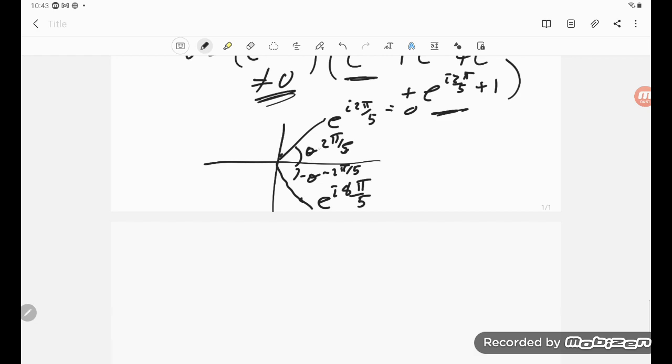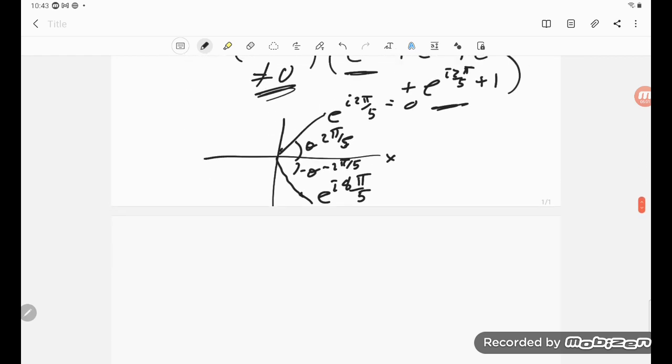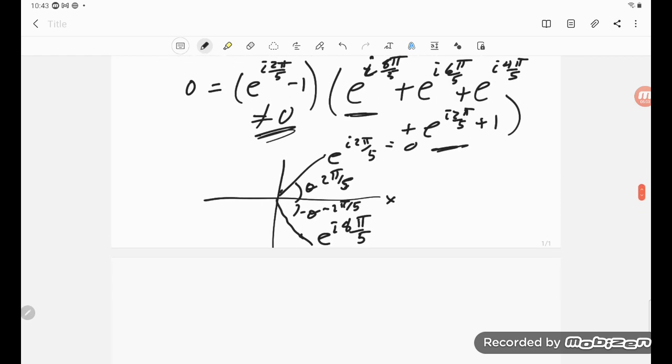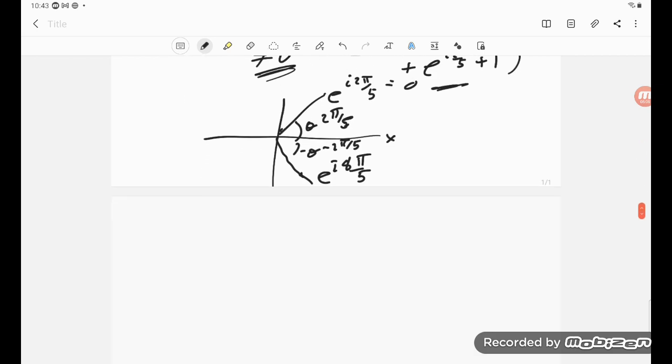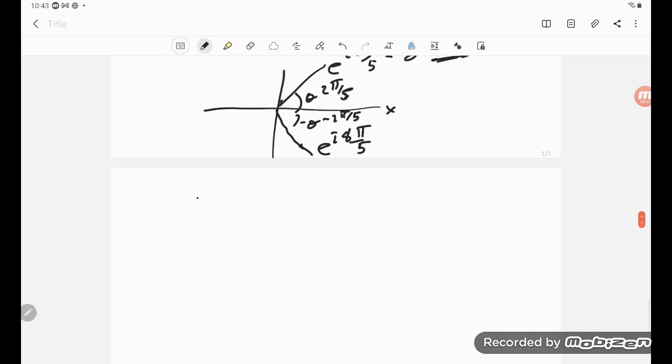And so that's the reflection over the x-axis, or the real axis, which is the definition of a conjugate. So in this case, z to the fourth is actually just z conjugate. So I have z conjugate instead of z to the fourth.